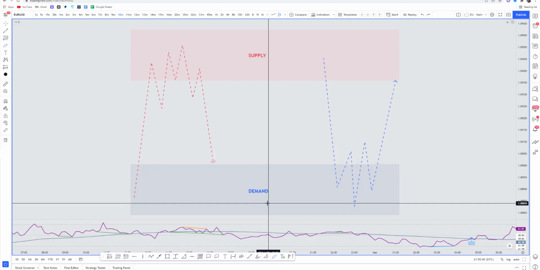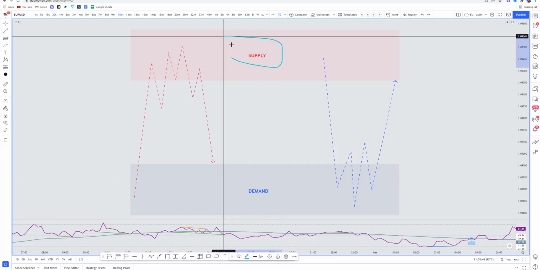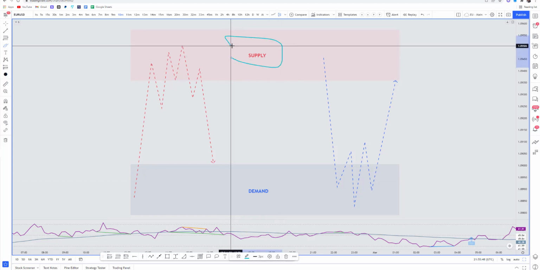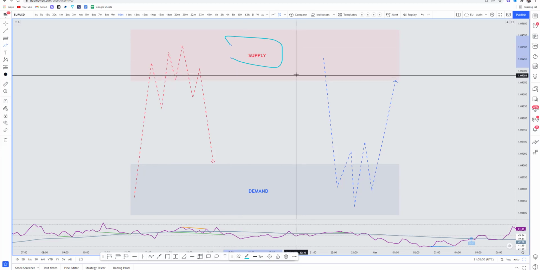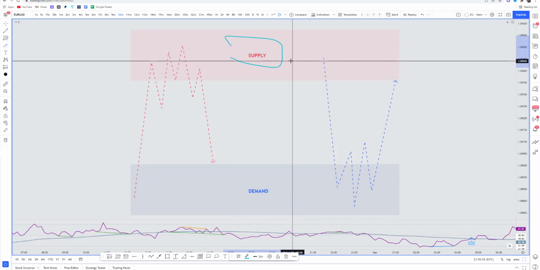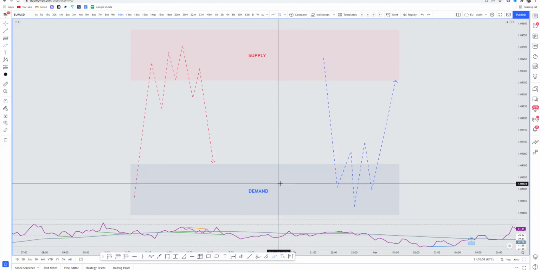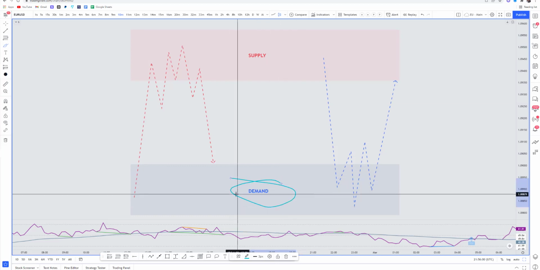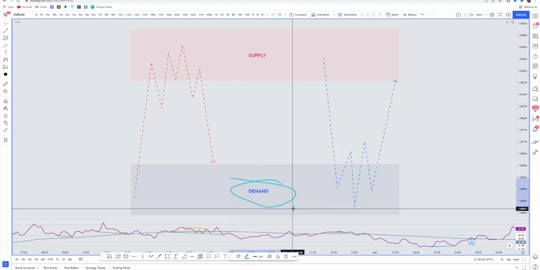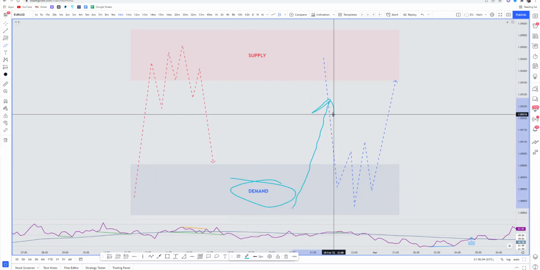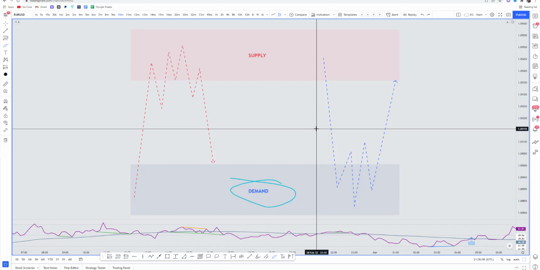There's either too much of something or not enough of something. If there's too much of something, that's an oversupply. So we definitely don't want to be buying when something's in oversupply, especially at premium prices. Now, if something is in demand, we expect the price to go up due to being in demand.